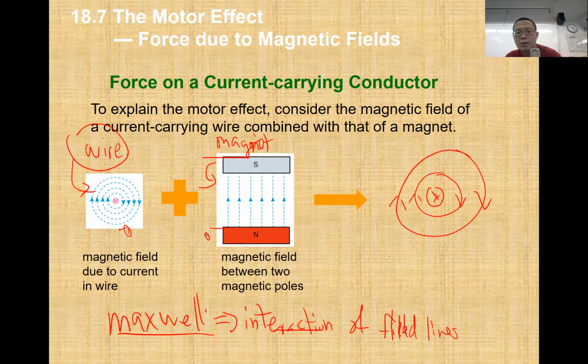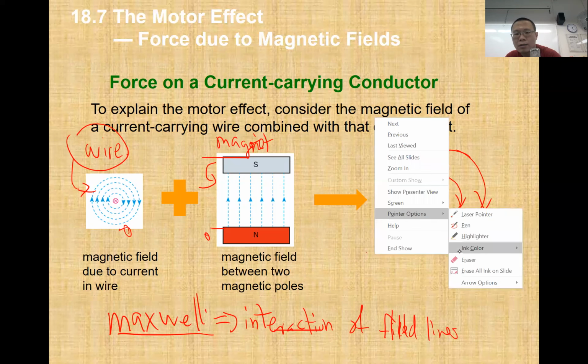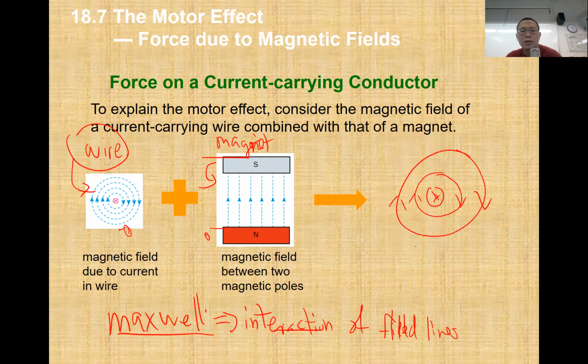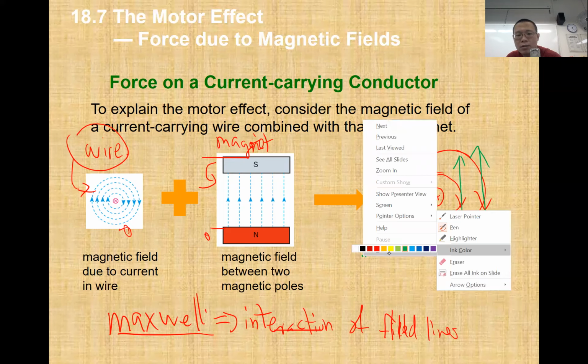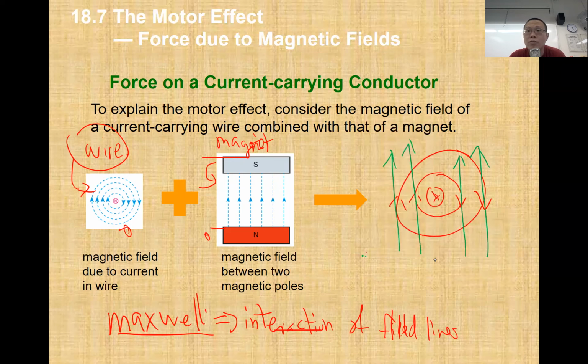Now I use another color, the green one, which will represent the field line by the magnet. So here you have the interaction of these two field lines. Give me a minute, let me change the color. Now you have the interaction of the two field lines.